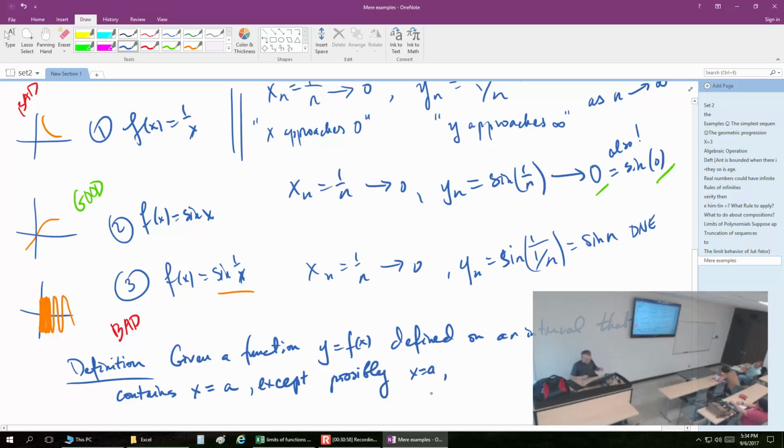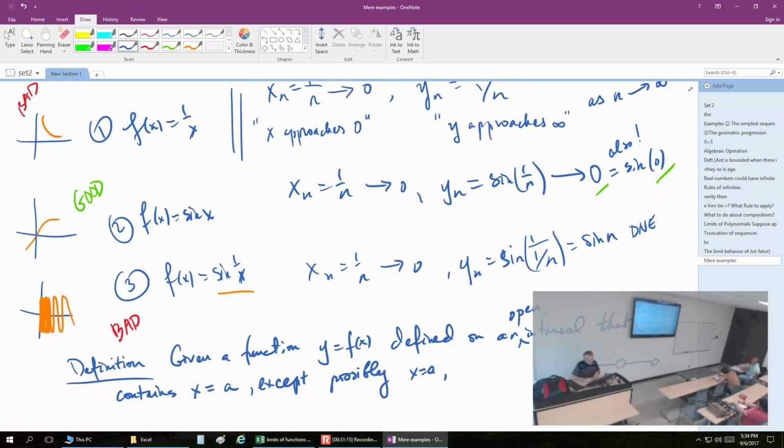What I'm saying here is the function is defined on an interval with possibly one point missing. Let me make it clear that the interval should be open. Remember, for open intervals, the endpoints are not included.